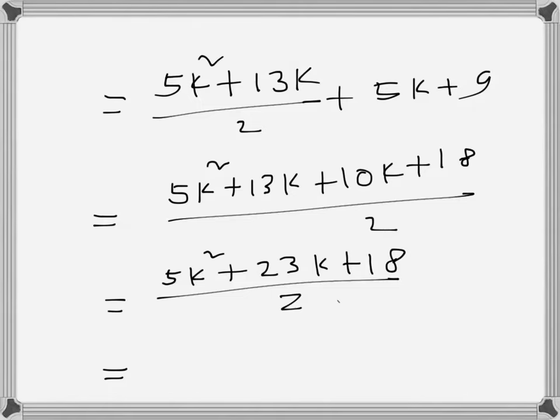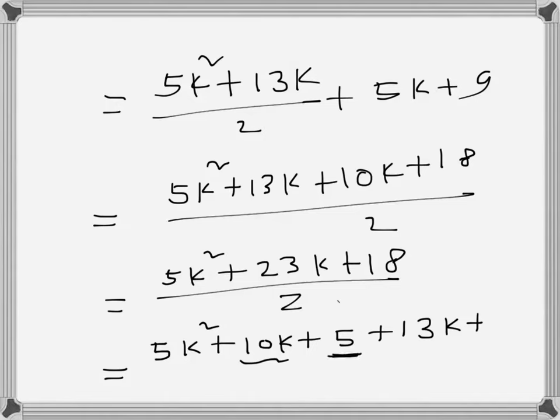So we can try writing it this way: 5k square plus 10k plus 5. Here I have taken 10k, so I have to make 23k, so 13k remains there, and here I have taken 5, so I have to make it 18, so 13 remaining, all over 2.